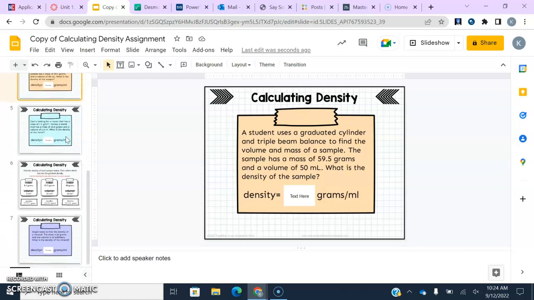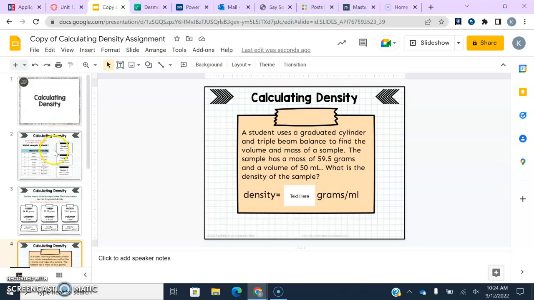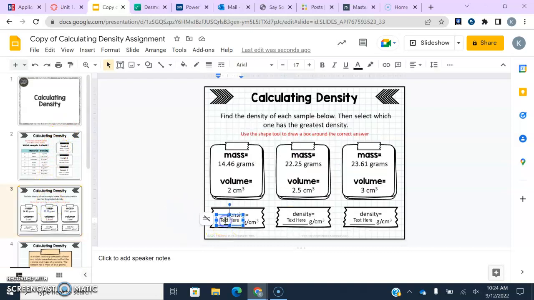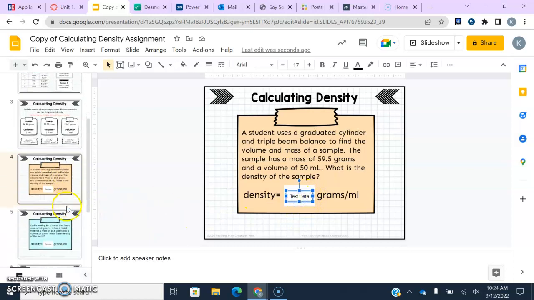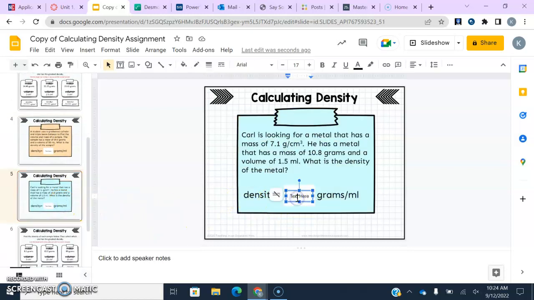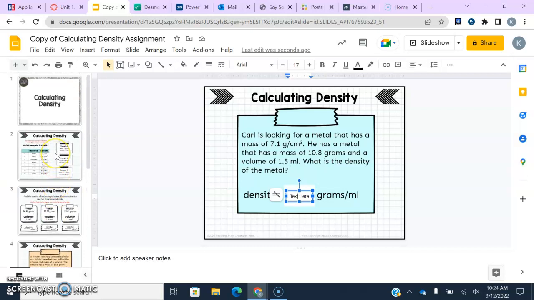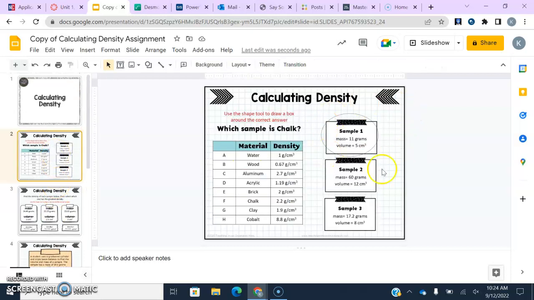But for slides 3 through 7, it's just typing in your answers, right? So you'll just click in the text box, type in your answers, and even the units are already there for you, so you don't have to worry about it. So really the only tricky one was this first one, figuring out how to do the shape feature, okay?